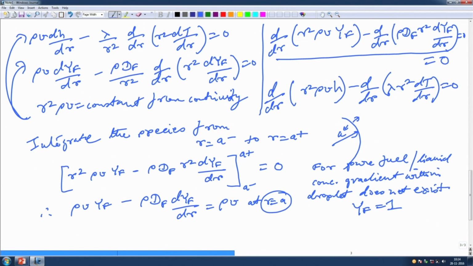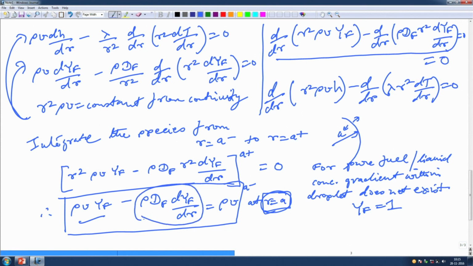So, this should be the expression that one should be able to write at r equal to a, that means at the interface, right. So, it is basically this minus this is equal to that, and remember that one is in the liquid phase, one is in the vapor phase. So, do not confuse yourself.